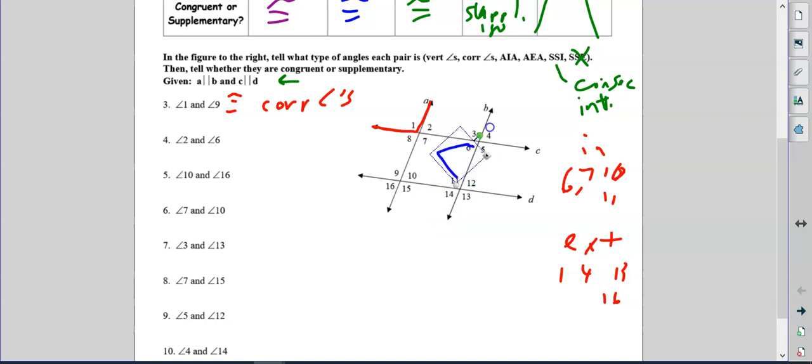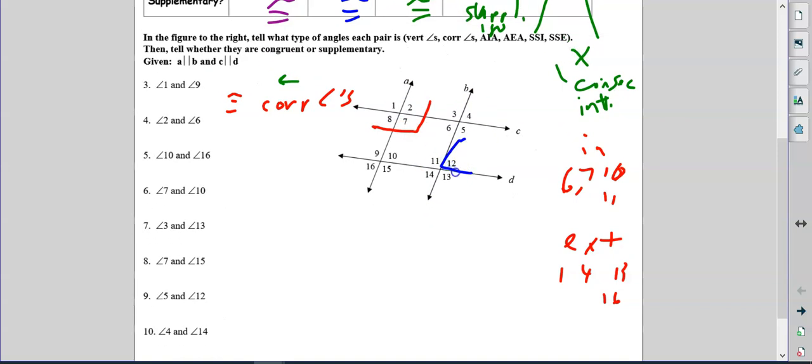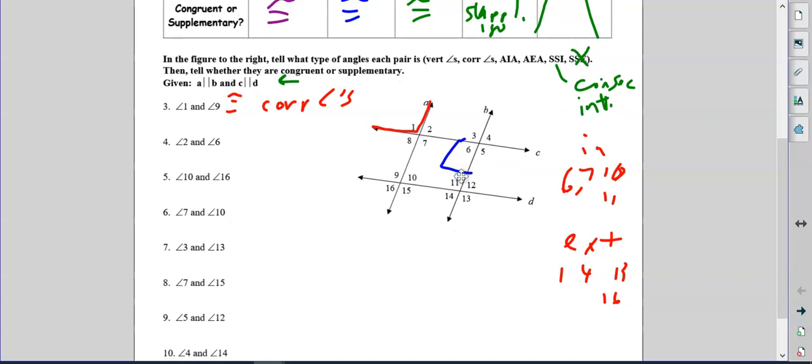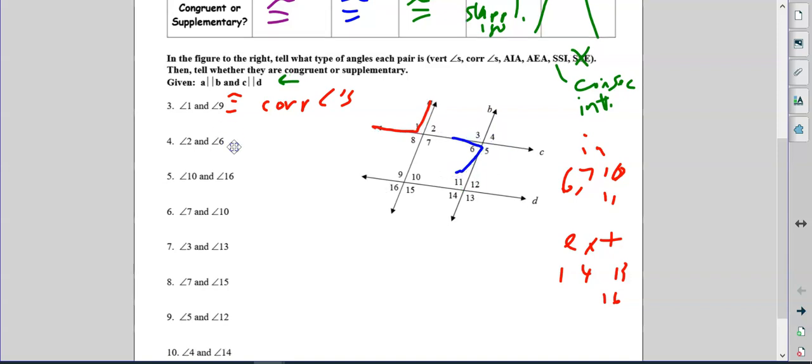All the acute angles are the same. So 2, and then 6 over here, which I already showed by kind of spinning this around, are both acute angles. They are congruent.